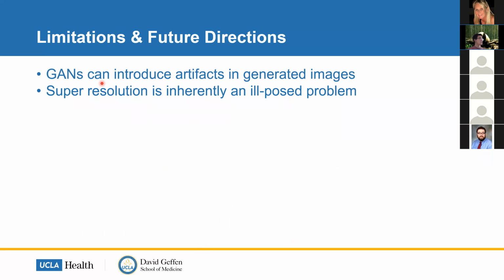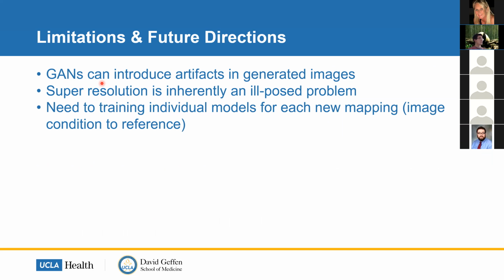Another problem is that super resolution is inherently an ill-posed problem, which means many solutions are possible. And the next one is we need to train individual models for each new mapping, from each imaging condition to the reference. So this is not very efficient.